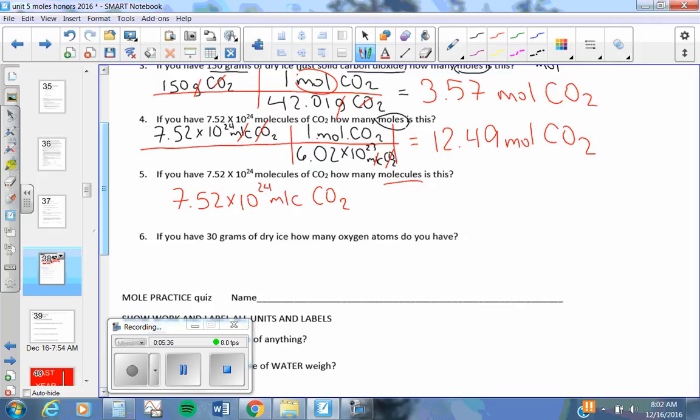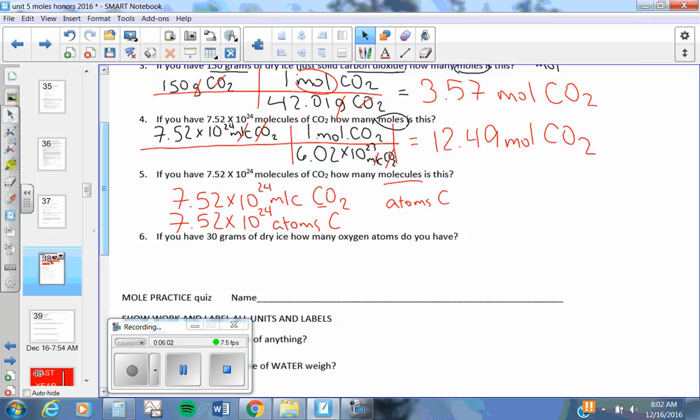I could also ask you different questions like how many atoms of carbon this is. And since there is one atom of carbon in this case, there are also 7.52 times 10 to the 24 atoms of carbon, just because there's only one.